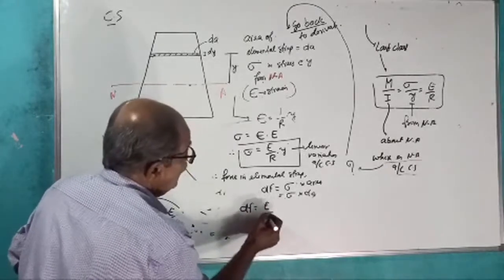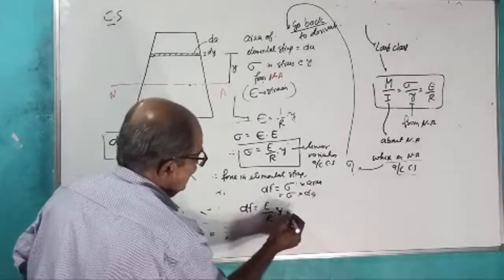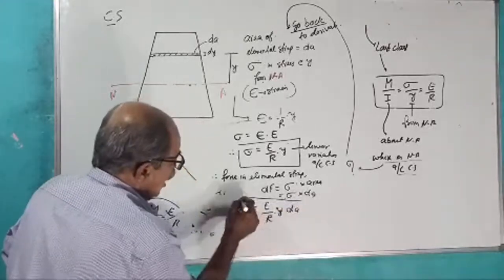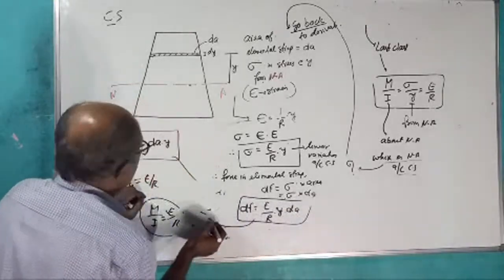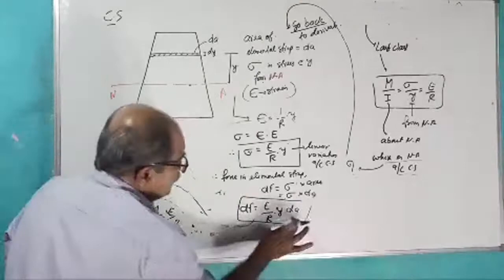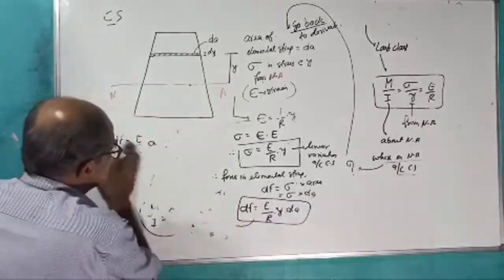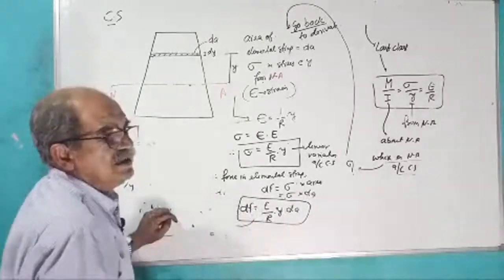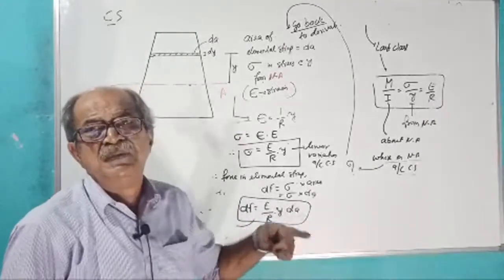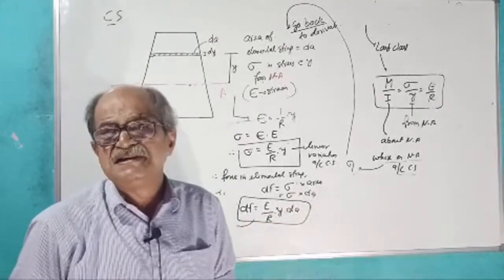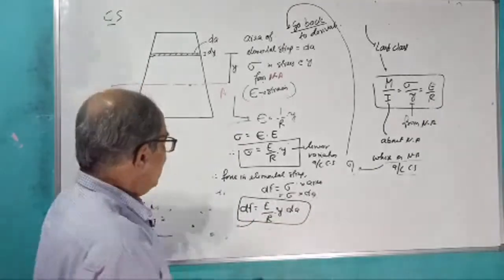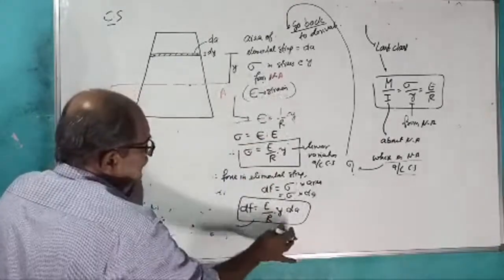Sigma is E by R into Y into dA. I got this answer. From there I went further. No. You once again come back here. Start. Now don't take moment. Now if you take moment of this force, you get the internal resisting moment. Now what you do is take only force. So this much is common.